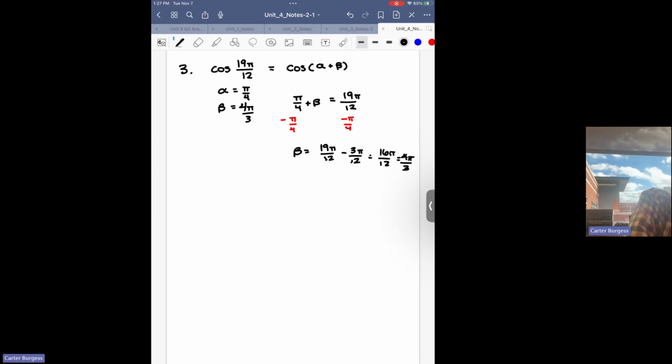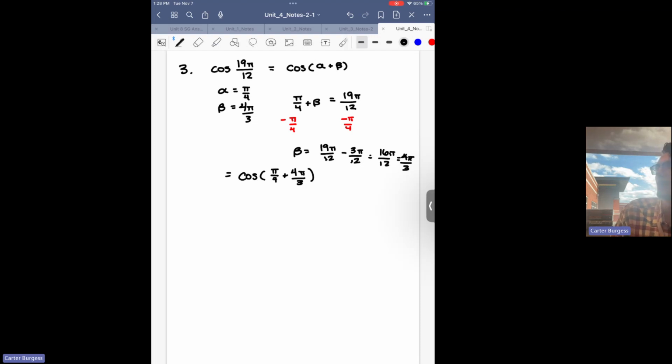All right, so this is equal to cosine of pi over 4 plus 4 pi over 3. What do we know about cosine in the context of our sum and difference? Nice or mean?